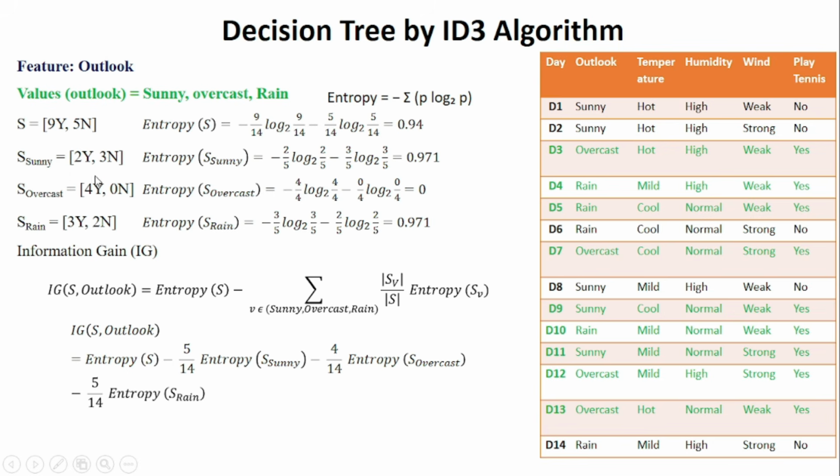This 4 comes from S overcast, and this 5 by 14 comes from S rain. The information gain achieved from the input feature outlook is 0.2464. In the same way, we need to calculate for temperature, humidity and wind.